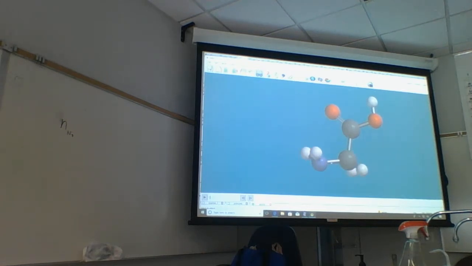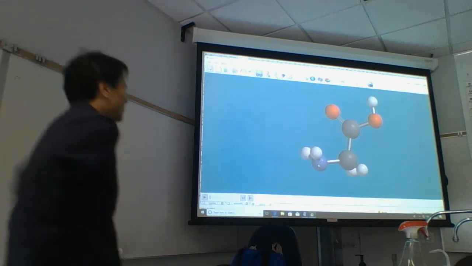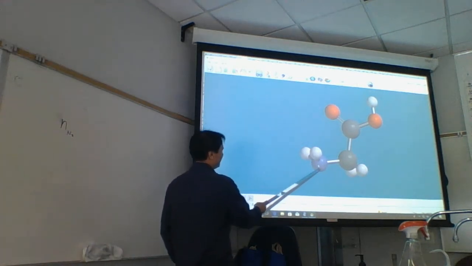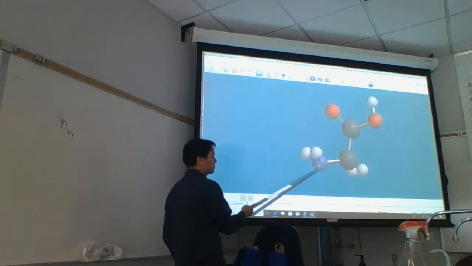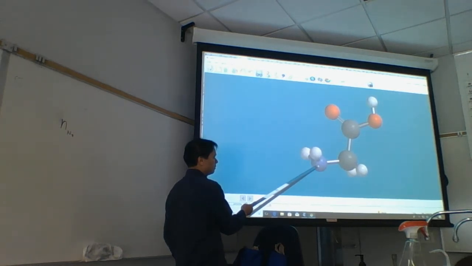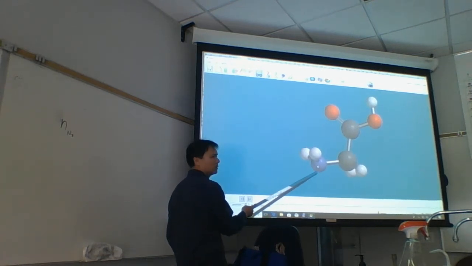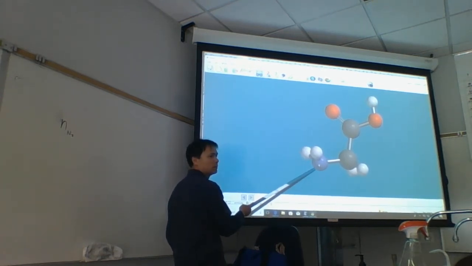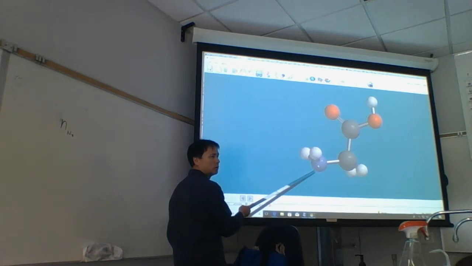And so we take each atom one at a time. What was this one here? What's the molecular geometry? Not trigonal planar. There's a lone pair here that we don't see. This is glycine. This is trigonal pyramidal.